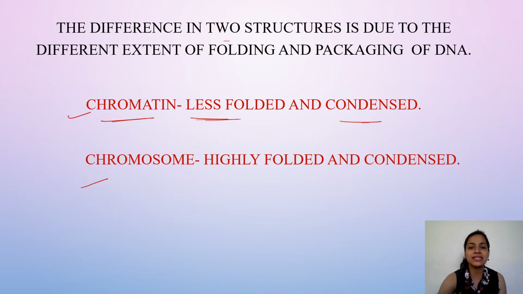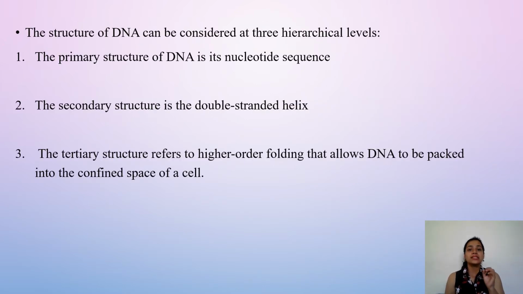Let's understand it further. When we talk about DNA, there are three hierarchical levels of structure of the DNA within a cell. First of all, we all know that DNA is made up of double strands like this, and the nitrogenous bases form hydrogen bonds between them.